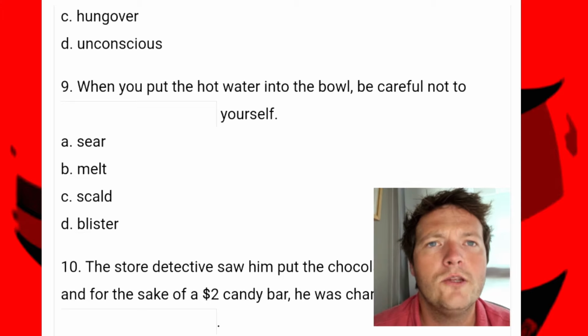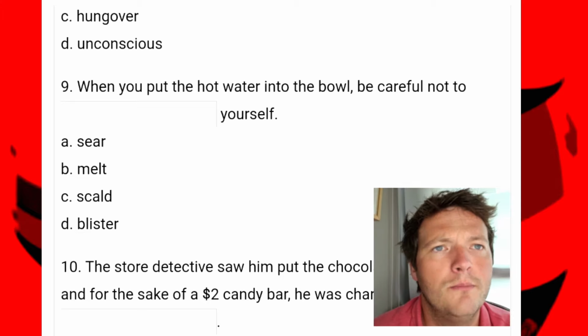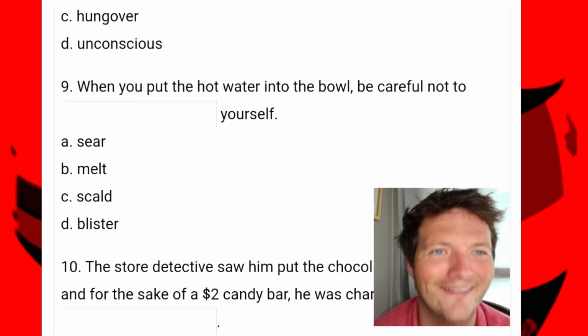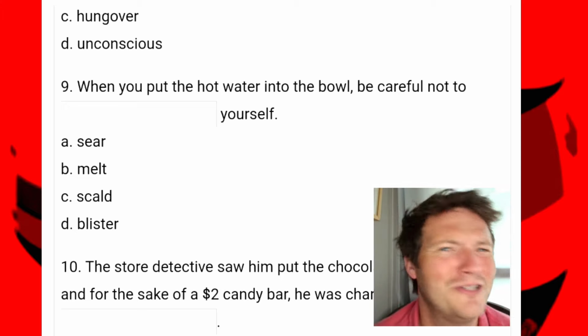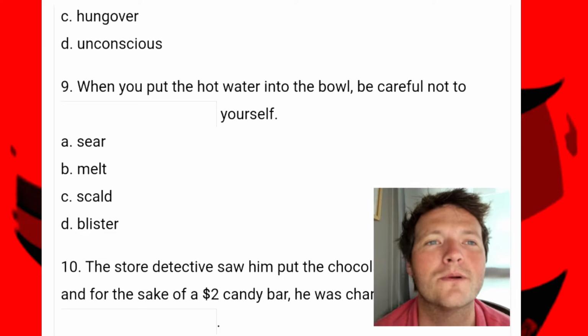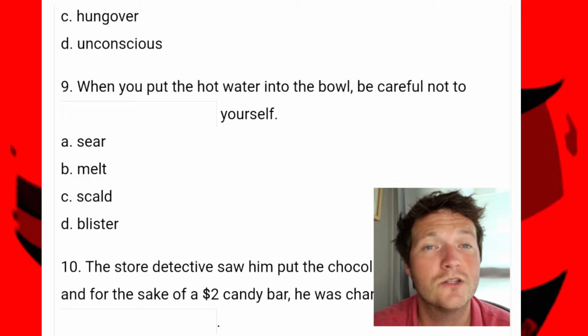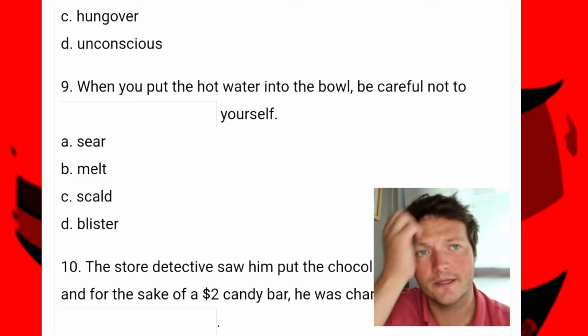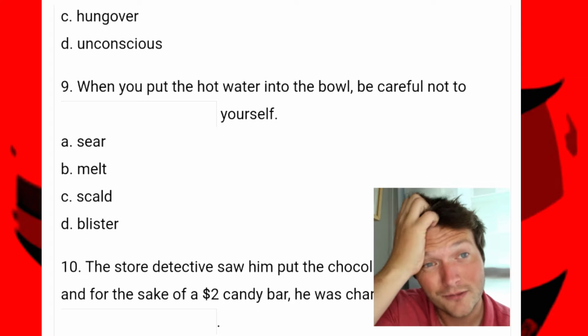Okay, 9. When you put the hot water into the bowl, be careful not to sear yourself. Melt yourself. You're not a witch. That shouldn't be a problem if you're not a witch. Scald yourself. Blister yourself. Funny this. Yeah, the word is scald.